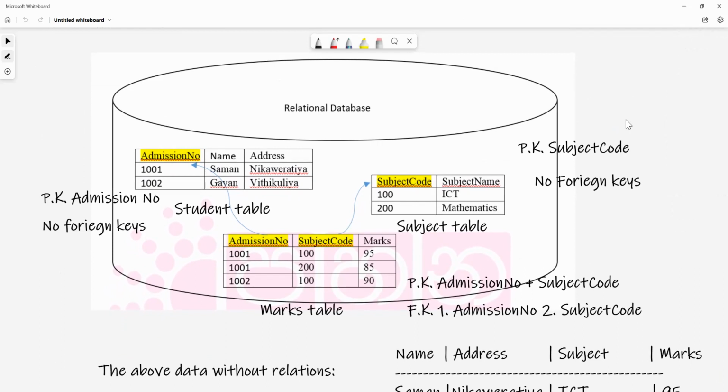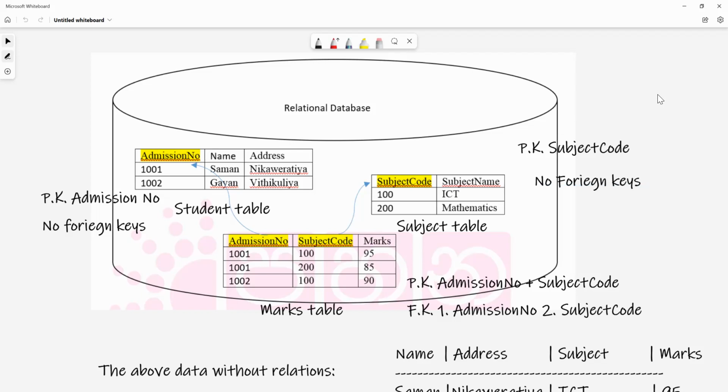In my example, we have student information in one table, subject information in another table, and marks in another table. If you ask me why, the reason is, if everything is together, sometimes inserting data is difficult, updating is difficult, but here you can see we can easily do it.